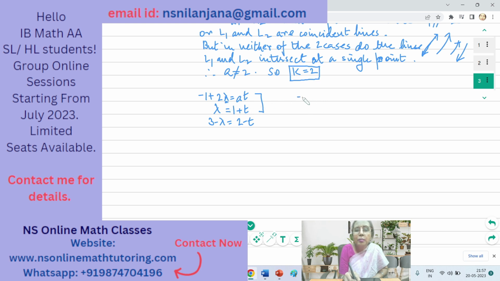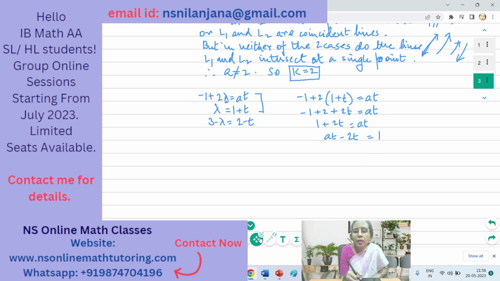So it is -1 plus 2(1 plus t) equal to a, or -1 plus 2 plus 2t equal to a. And 1 plus 2t equal to a. I can write a minus 2t equal to 1.